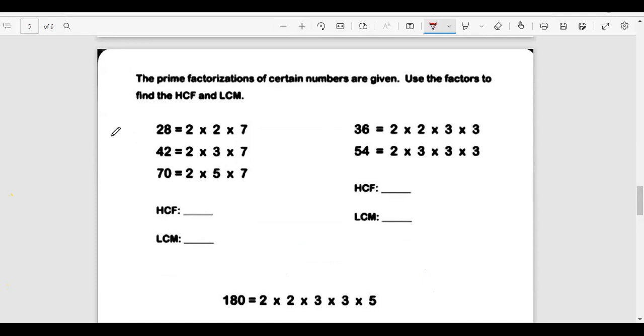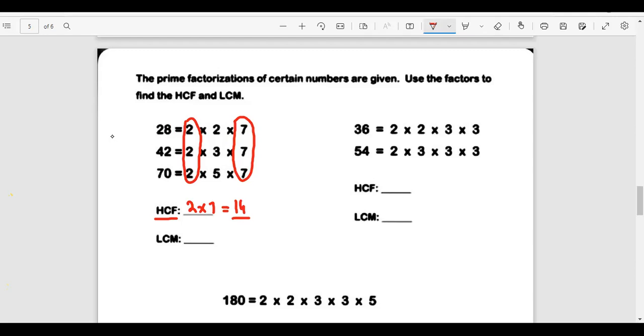Now, Kabir, we need to find the HCF of these three numbers. ठीक है, अभी मैंने आपको बताया HCF के लिए we are going to highlight the common ones. ये common है, ये common है. ठीक है, I'll just write down the common ones once. 2 multiplied by 7 and it is going to give me 14. This means this 14 is the highest common factor of 28, 42 and 70.